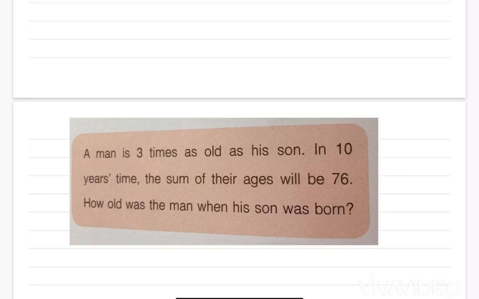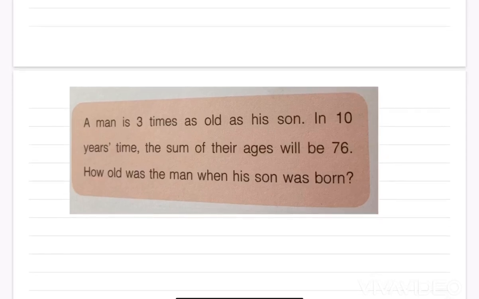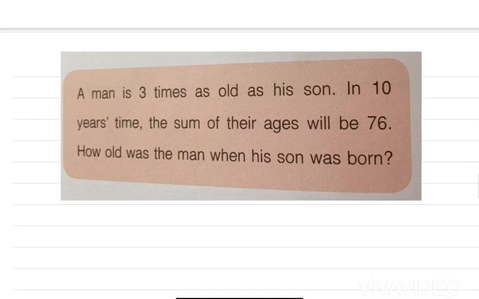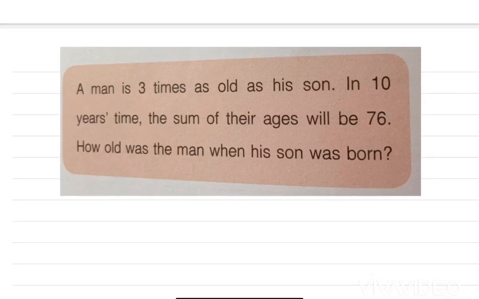It says that a man is three times as old as his son. In 10 years' time, the sum of their ages will be 76. How old was the man when his son was born? So what we're going to do here is let x be equal to the age of the son.